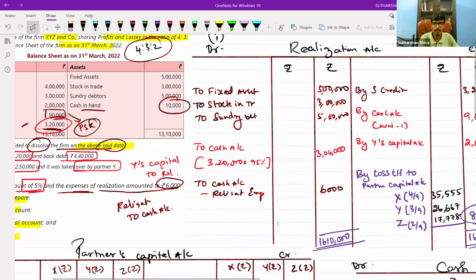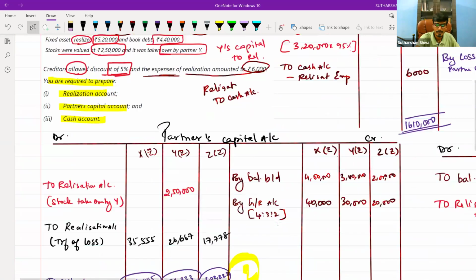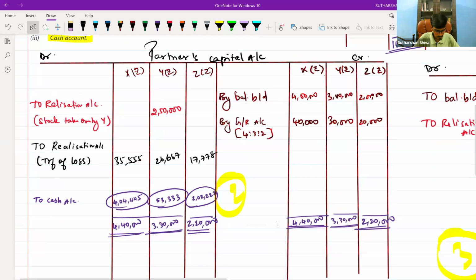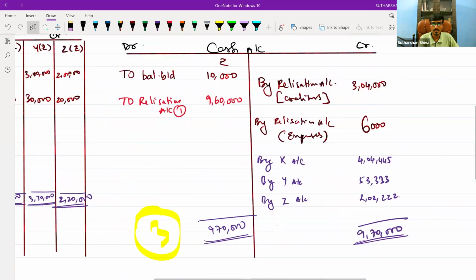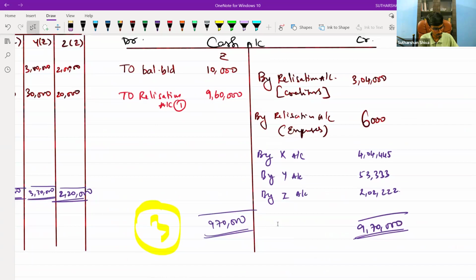Now, partners' capital. Now, cash account.